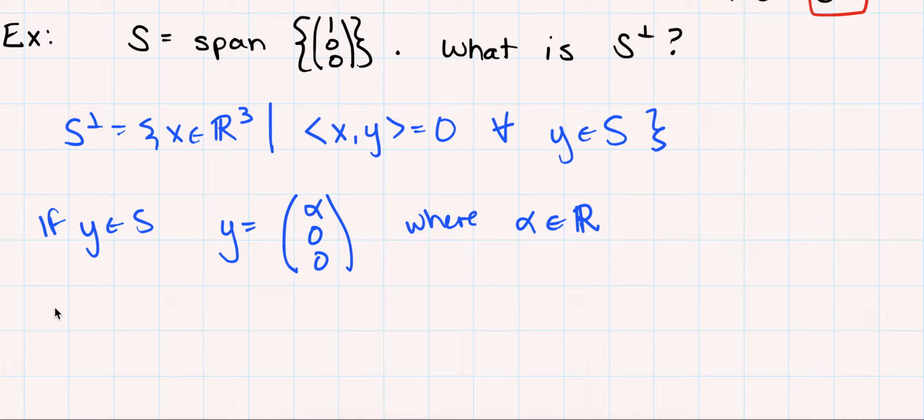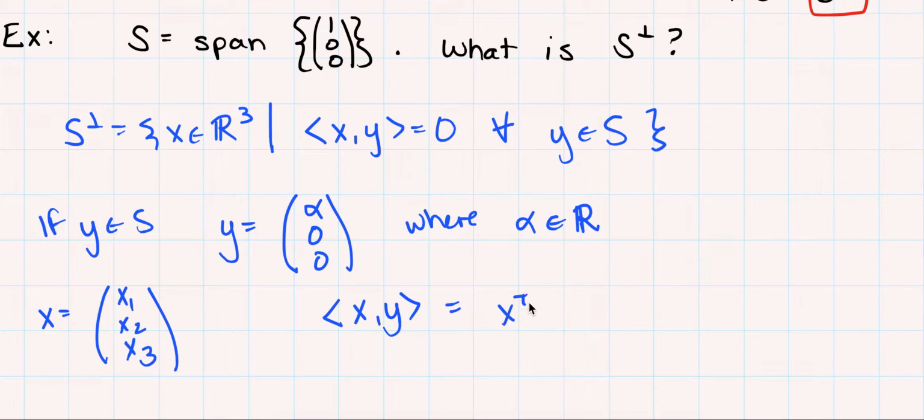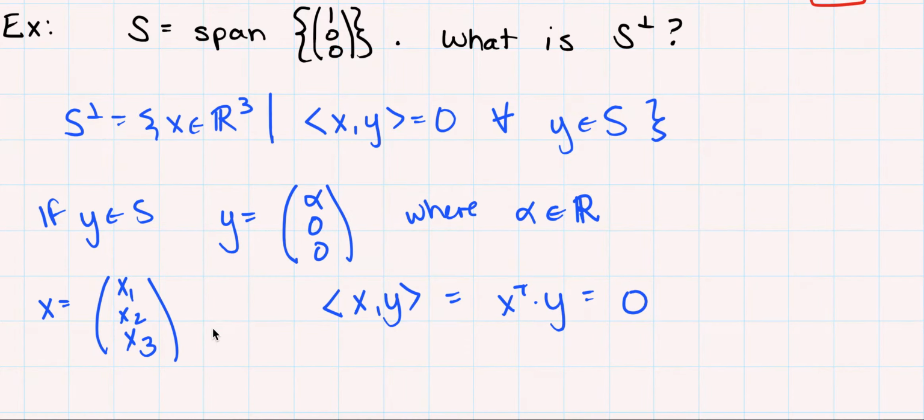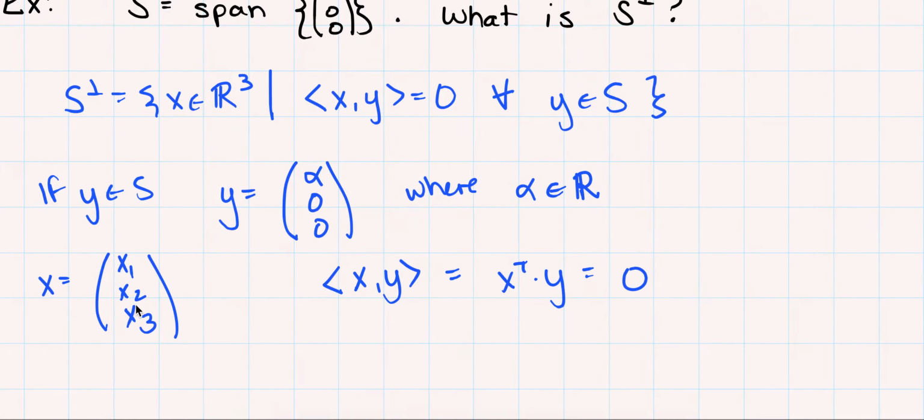And what does x look like? Well, x is a vector in R3, so we can say (x1, x2, x3). And the property we want is that when we take the inner product of x with y, which is x transpose times y, we want that to be 0. So we're going to calculate this and see what restrictions we have on x1, x2, and x3.